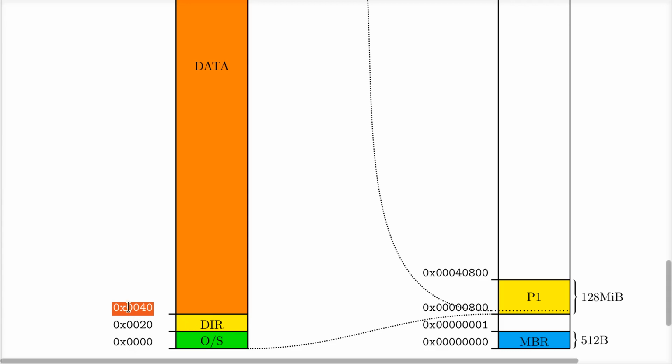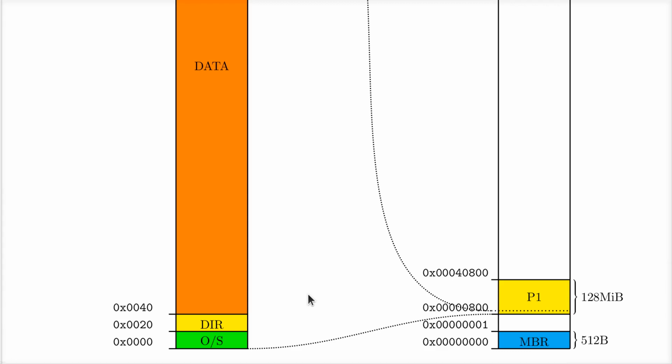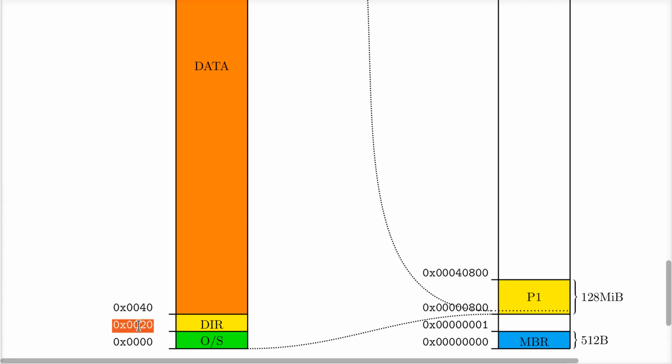So these numbers here represent the SD card block numbers relative to the beginning of this partition, which currently starts at 800 in hex. So anytime CPM comes along and says, hey, I want to read a CPM sector, starting on track number 20, we know exactly which SD card block has that data in it.